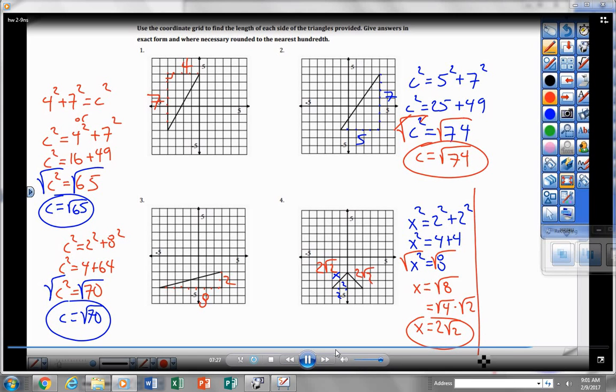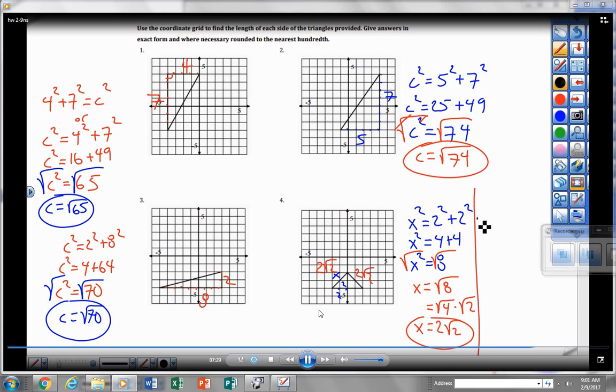The second way is looking at the whole triangle. So if I look at the whole triangle instead, I will use the bottom as 1, 2, 3, 4 boxes all the way, and then this is an x and this is another x. So I'm going to use these 2 legs as x's. That would be x squared plus another x squared equals the hypotenuse squared.